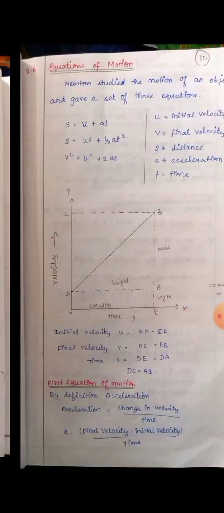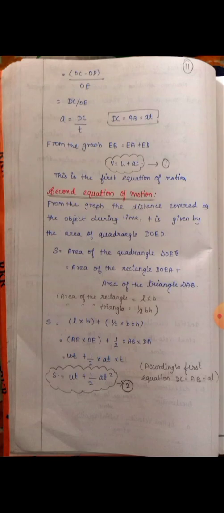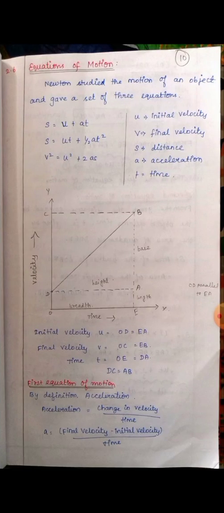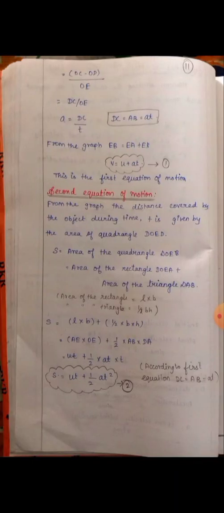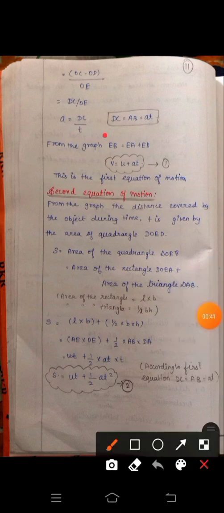So what is AE? AE is EA, that is the initial velocity U. OE is DA, that is T. So UT plus half for AB. Here we have taken AB using the first equation: DC is equal to AB is equal to AT.